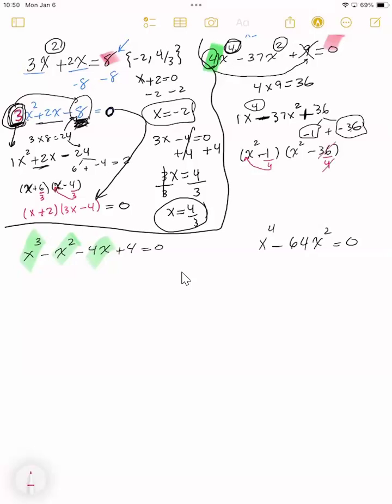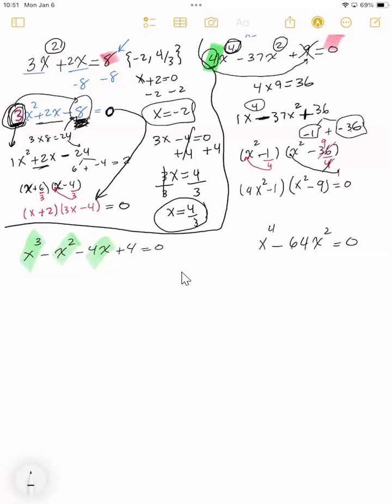But 36 and 4 are reduced to 9 and 1, so the first parentheses becomes 4x to the power 2 minus 1. But the second parenthesis is just going to be x squared minus 9. Because this 4 is reduced, you move 1 over, you just get 1x squared. And now these are your factors.